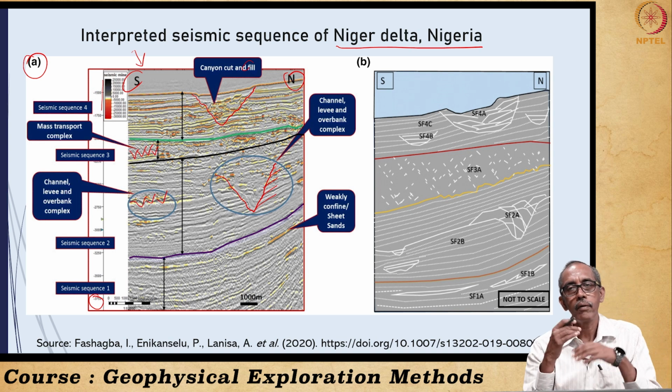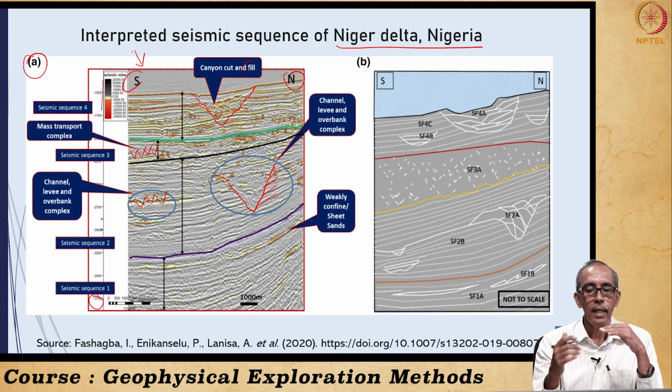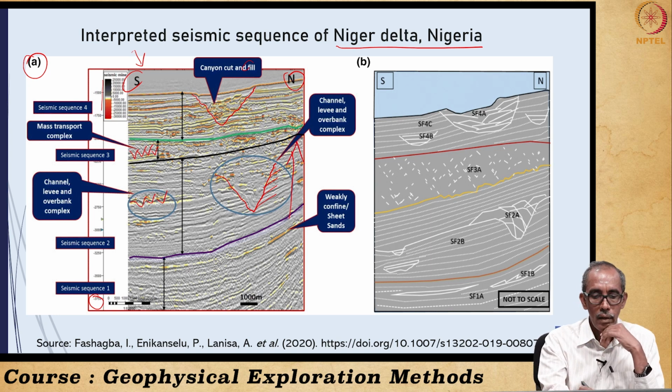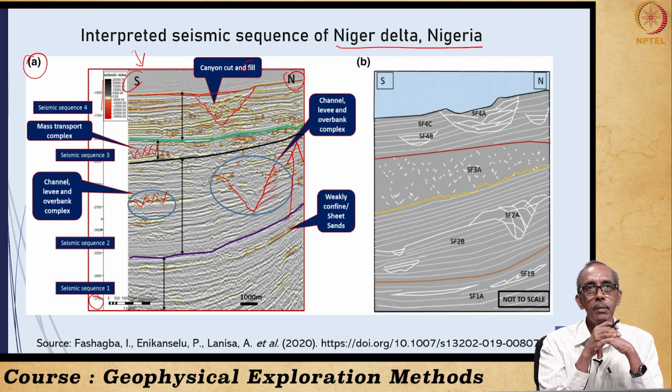That means what has happened at this location is, in the geological past, the river has flown over there, brought in a huge amount of deposition, right. Slowly the land has risen, right, due to continuous deposition from this depth, and it has reached the present day location. This is the present day ground surface.